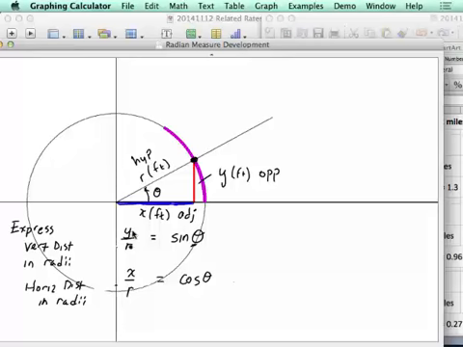So taking y over r is the same thing as taking opposite over hypotenuse. So what does that ratio mean? Opposite over hypotenuse. It's the relative size of the height of that leg to the radius, or measuring that vertical height. And then cosine would be adjacent over hypotenuse because it's measuring that length relative to the radius.